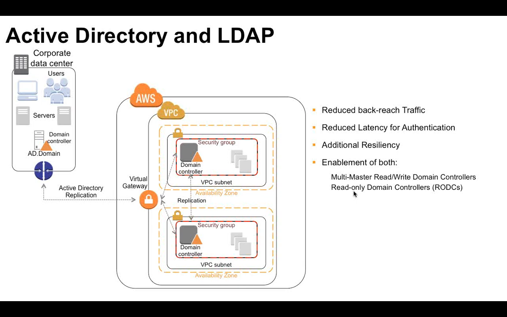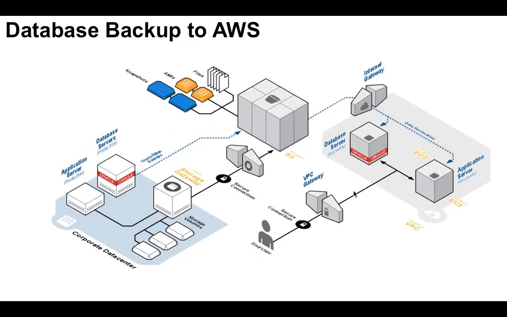So you could have your multi-master read and write domain controllers, or you could have just read-only domain controllers, depending on how you would like to delegate access to AWS. So these are the foundational building blocks. I've built upon starting with the VPC all the way to having a full-fledged directory service as a foundational service.